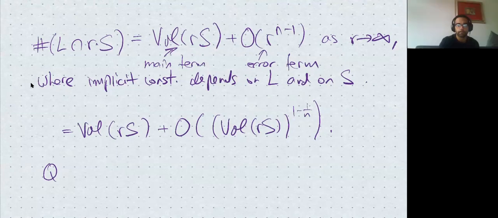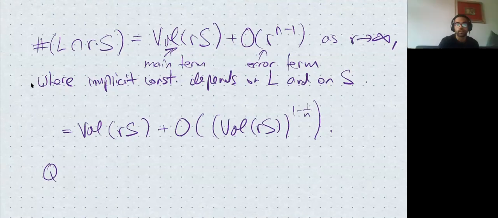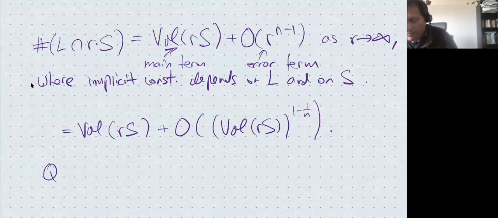Right? And so R to the n minus 1 is exactly this thing with a constant, which is basically the volume of S to some power. And so the constant here does depend on S. Yeah, in both formulations, it depends on S. Okay.